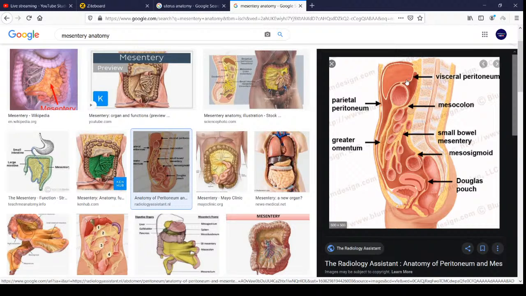When the liver goes in and the peritoneum is engulfing the liver, this is known as visceral peritoneum. You can see visceral peritoneum making a fold and then wrapping the stomach also. The layer of visceral peritoneum on top of the stomach becomes the outermost layer. This layer of peritoneum is known as serosa only, nothing else.